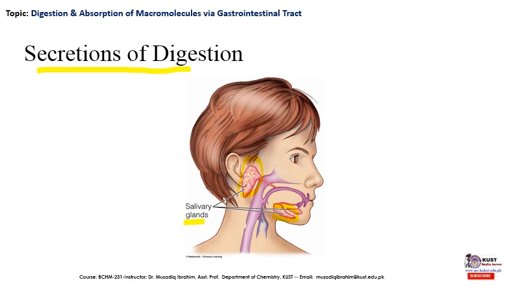One thing to note here is that the saliva is a very dilute fluid which is secreted by the salivary glands, and it is composed of more than 99% of water.